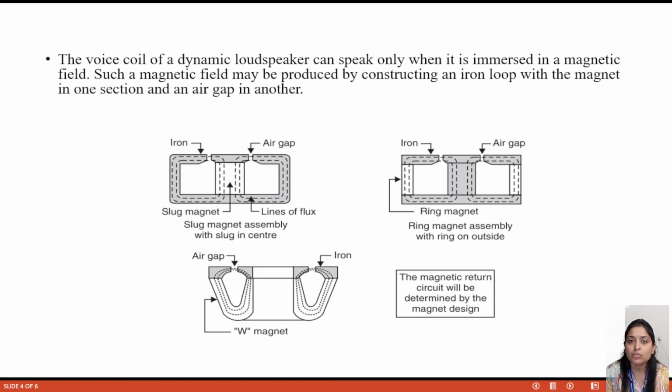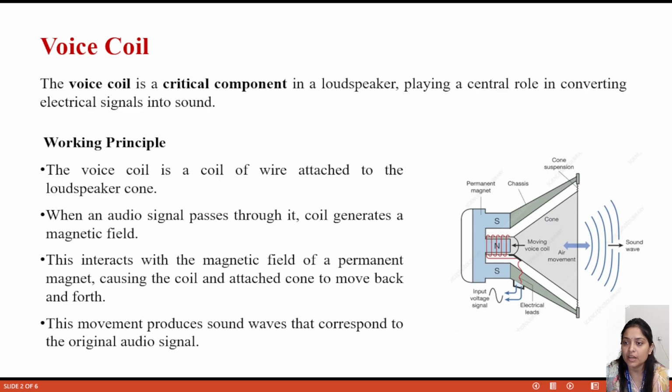Now the voice coil of a dynamic loudspeaker can work only when it is immersed in a magnetic field. Such a magnetic field may be produced by constructing an iron loop with a magnet in one section and an air gap in another. As I have already said in this figure, there is a permanent magnet, and due to this permanent magnet a magnetic field is generated.